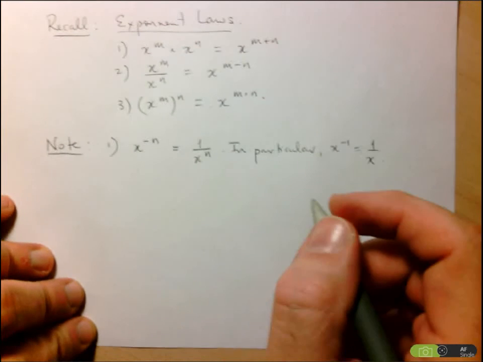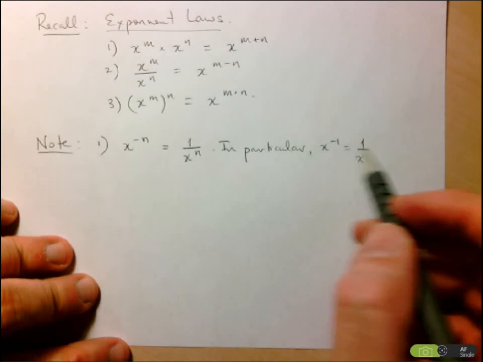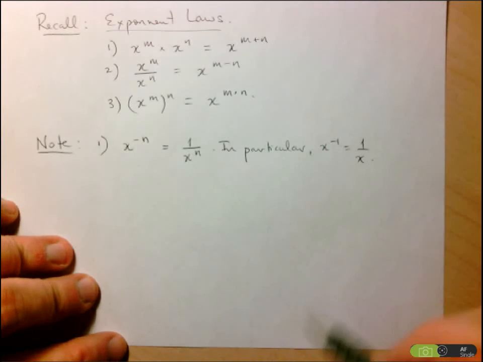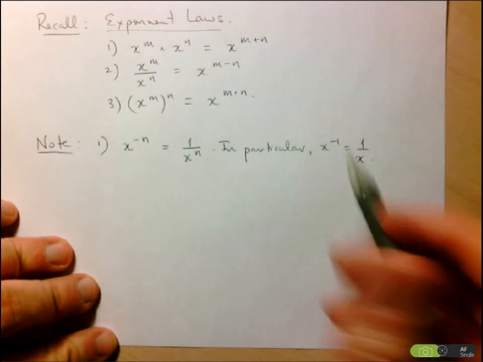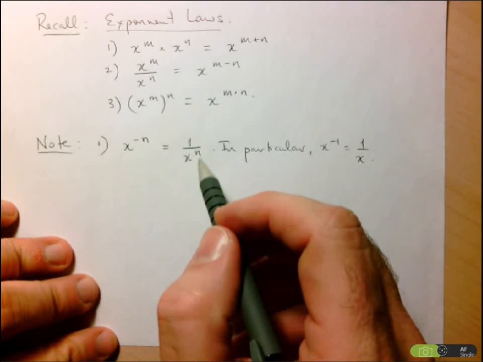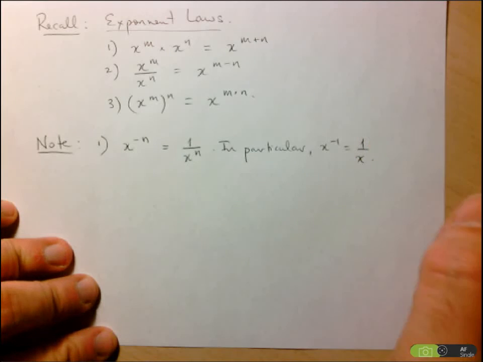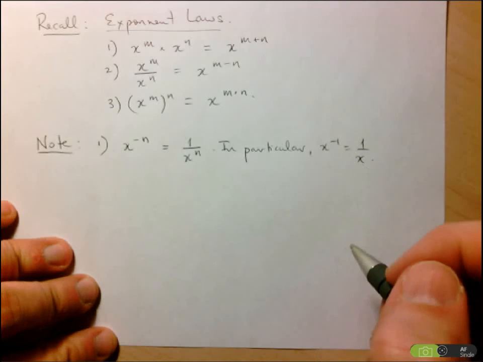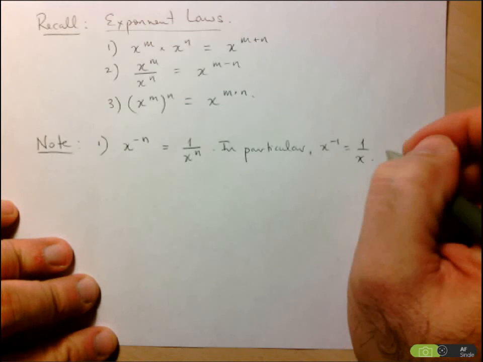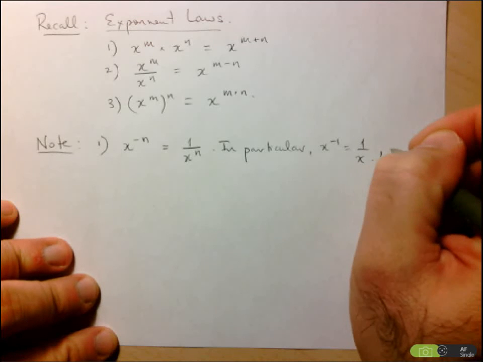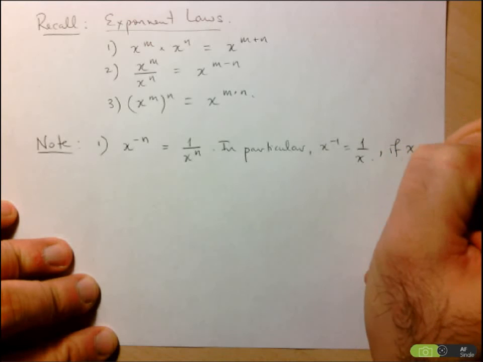But here I want to make sure we think about any restrictions. Since x to the n is going to be in the denominator, we see that x can't be equal to 0, similar to what we had with the reciprocal function. So here we'll specify if x is not equal to 0.